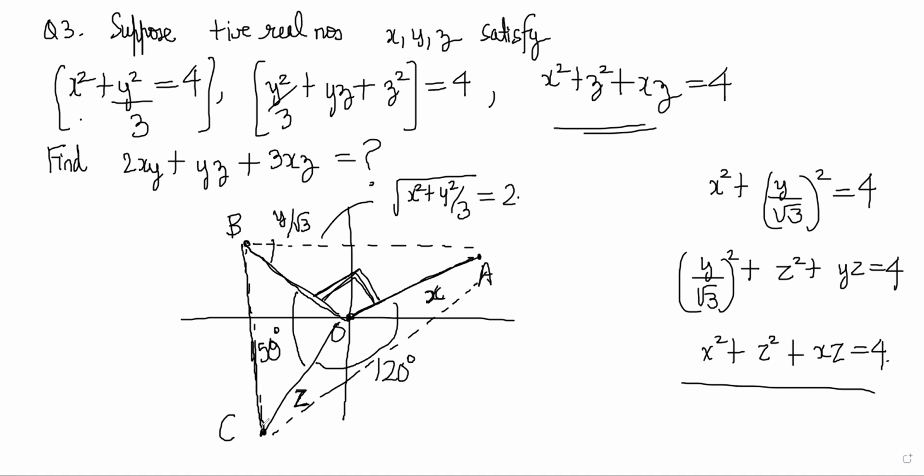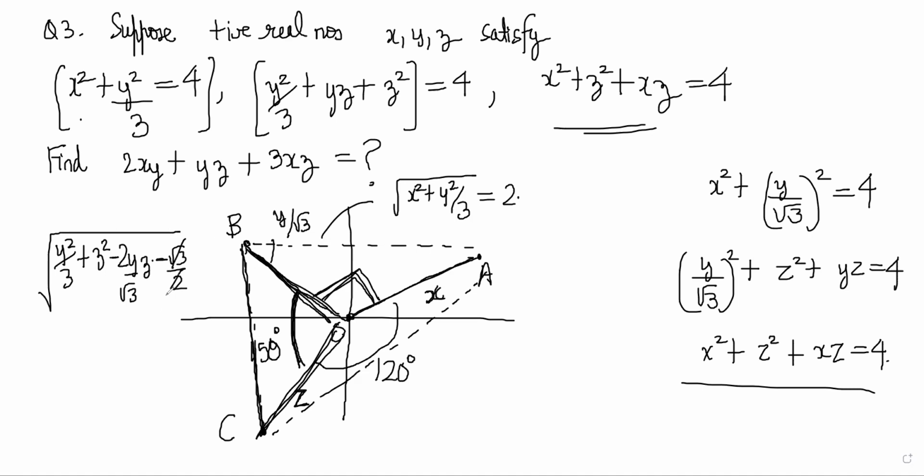Again, the angle here is 150 degree. This is y by root 3 and this is z. So now you can say by cosine rule, the distance here is y square by 3 plus z square minus 2 y by root 3 z cos 150 degree, which is equal to minus of cos 30, so minus root 3 by 2, and the root of that should be BC.